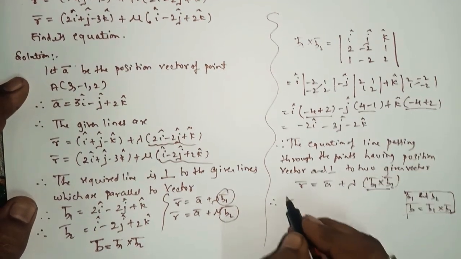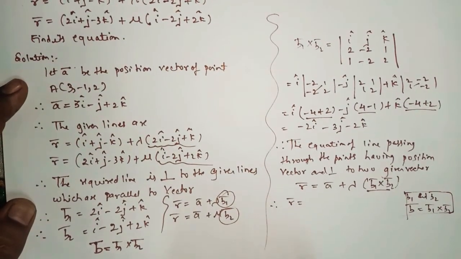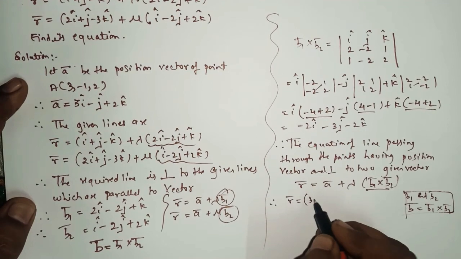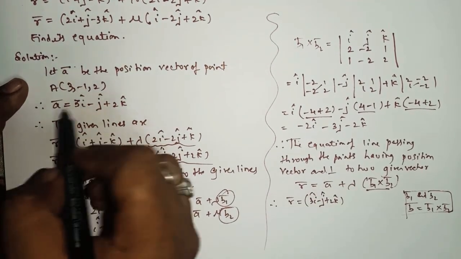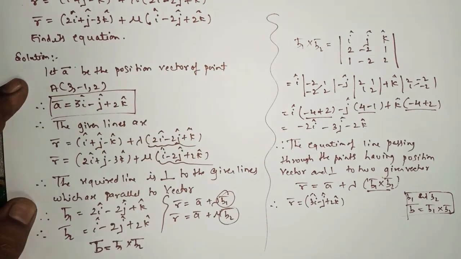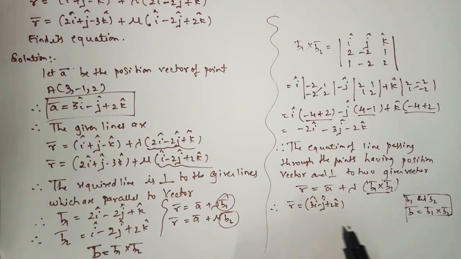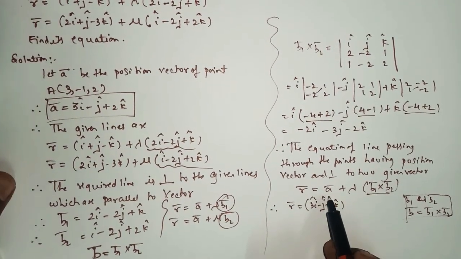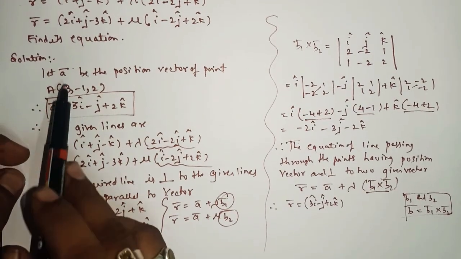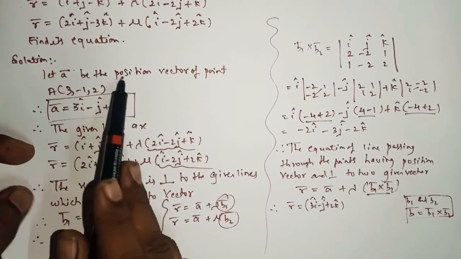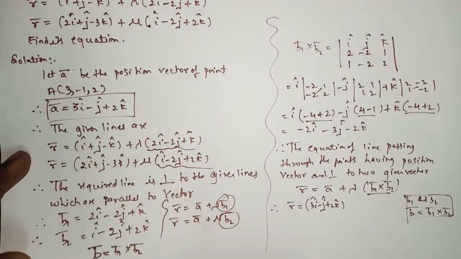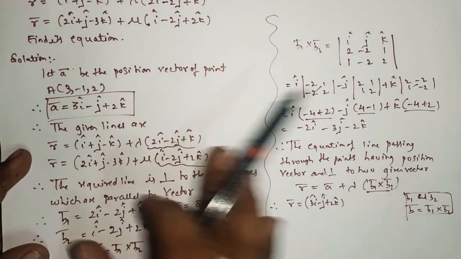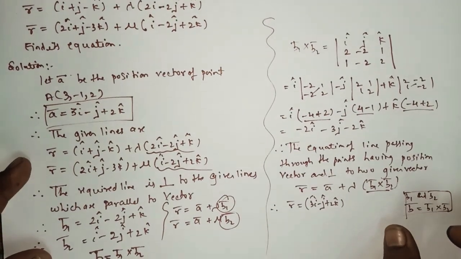So r bar equals, what is a bar? It is 3i minus j plus 2k. This part you got from here, as in the first step we wrote that a bar is the position vector of the point A. I hope you all understood the concept of the sum.